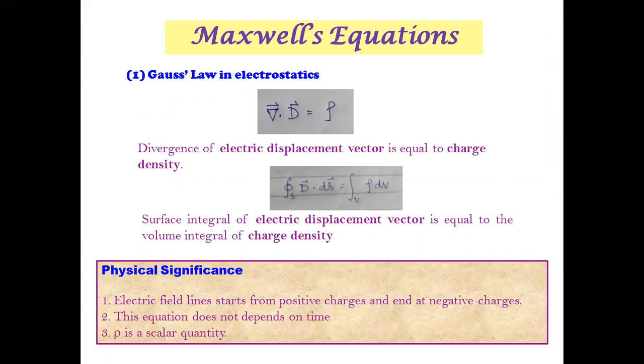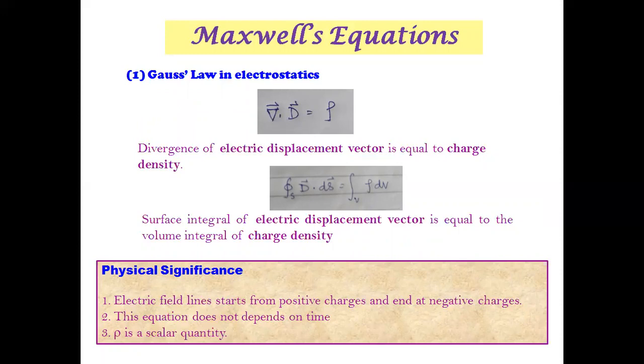The first equation, Gauss's law in electrostatics, the differential form states that the divergence of the electric displacement vector D is equal to the charge density rho. So it is the differential form of Gauss's law in electrostatics.